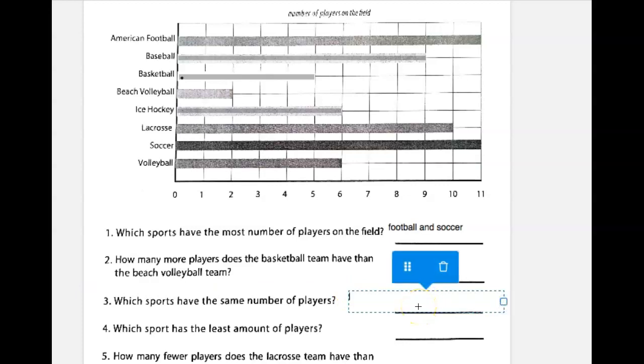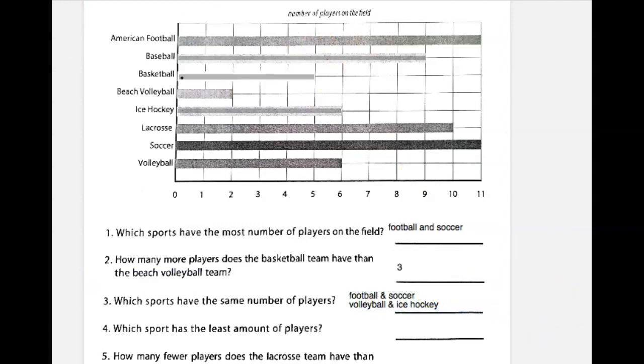So it's going to be football and soccer, and then volleyball and ice hockey. Okay.